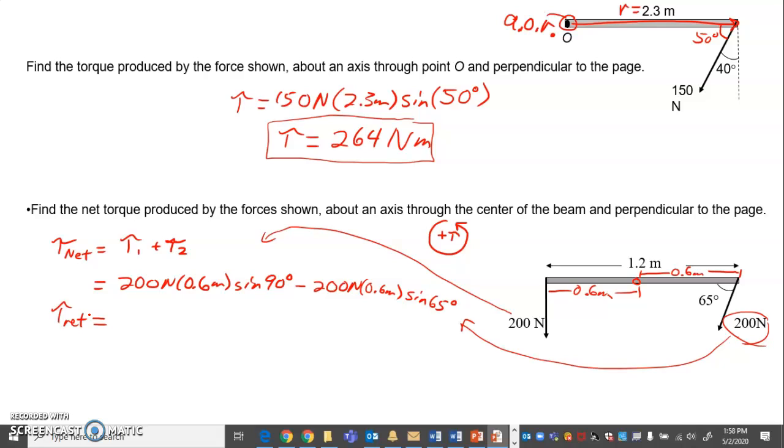And it is going to be positive because this is just like the question on a prior slide where we did it qualitatively. Here we're doing it quantitatively. So 200 times 0.6, I don't even need to multiply times sine of 90 because I know that's 1, minus 200 times 0.6 times the sine of 65, and I get 11.2 Newton meters. Okay, that's a good place to stop.